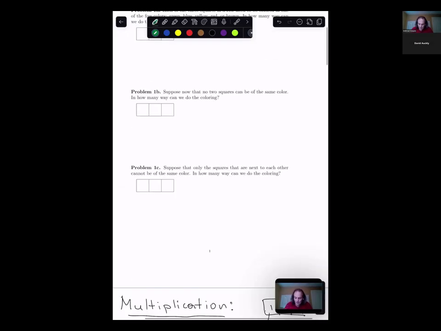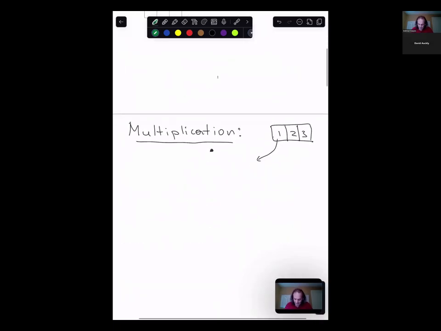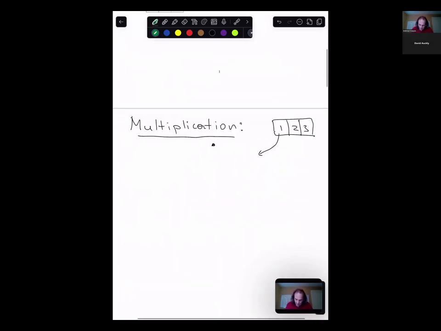We had five different colors, right? So we can color it green, blue, yellow, red, or brown. So there are five ways to do that. Five ways.